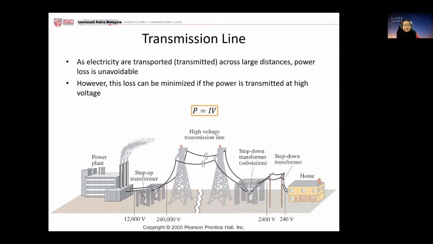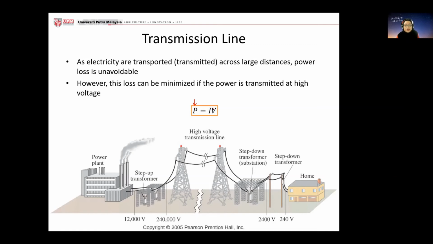If you look back at this equation, P equals IV, power is equal to current times voltage. Power is constant. It's the same amount of power, same amount of energy.